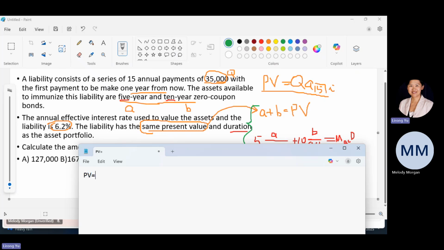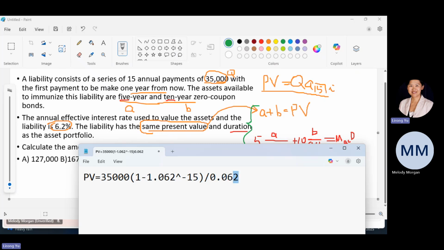The present value of the annuity, where every year 35,000 is paid, is multiplied by A15. So it's 1 minus v to the power 15, which is 1.062 raised to the power negative 15, divided by 0.062.